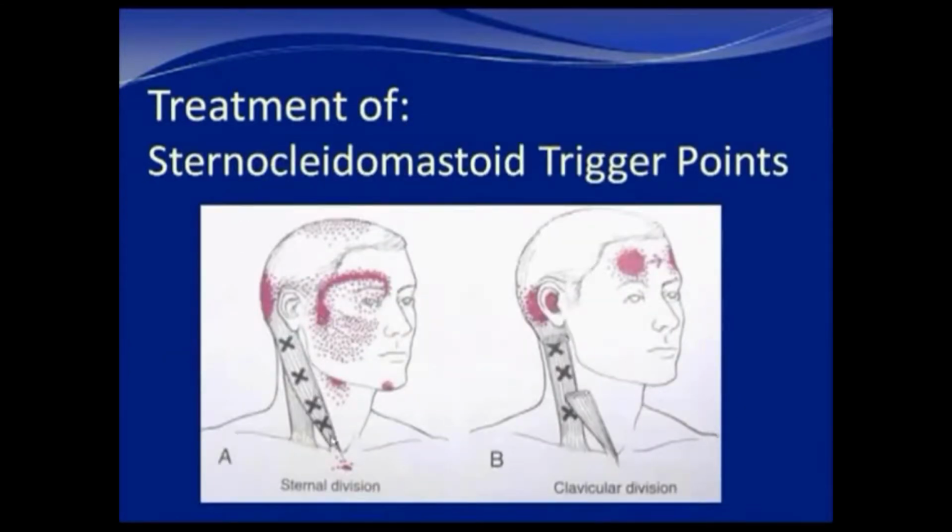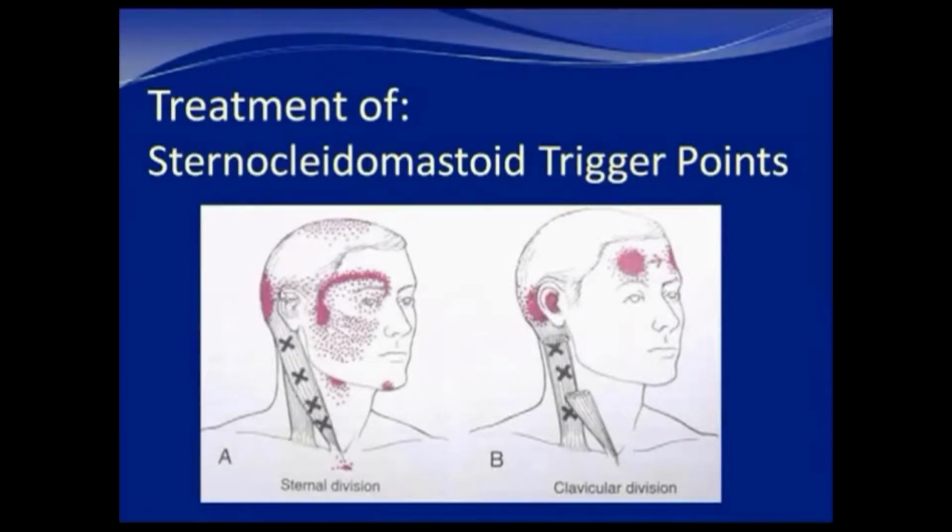Sternocleidomastoid. Here is the sternomastoid. Here is the cleidomastoid. This usually will give you ear pain or ear itching or ear fullness or tinnitus, and will often refer pain to the forehead and may do so on both sides from one-sided symptoms and one-sided trigger points.